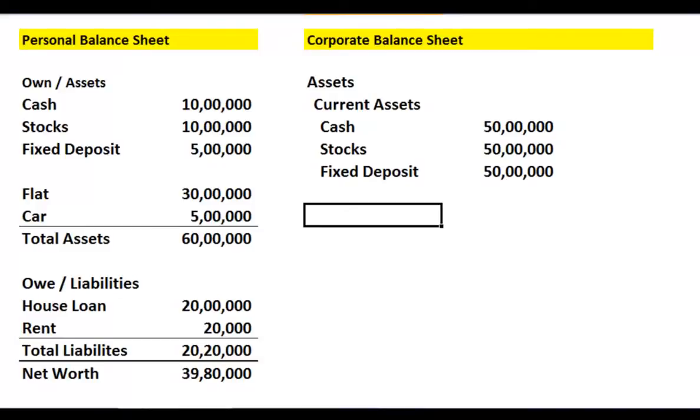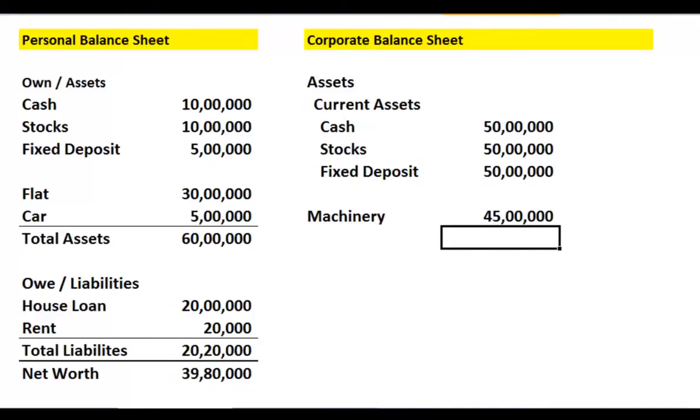Now, apart from these assets, a company also has other assets. Let's say they have machinery, like in case of Domino's Pizza, they have ovens and baking trays and all of that. Let's say they have machinery worth 45 lakhs.